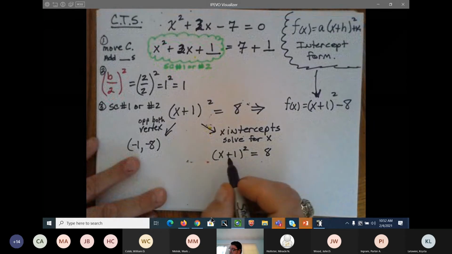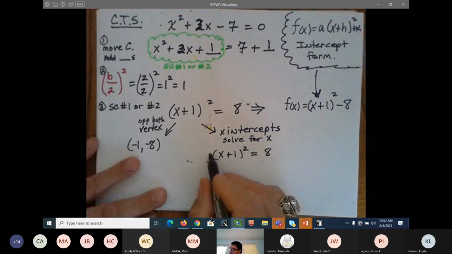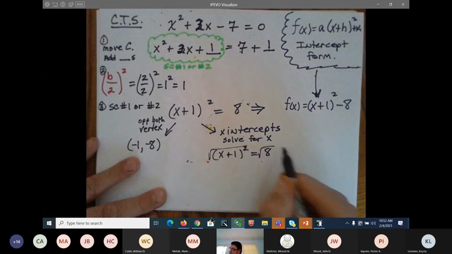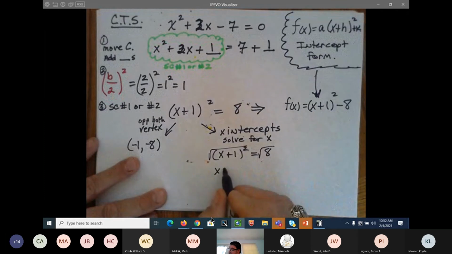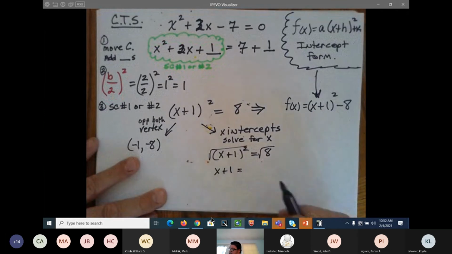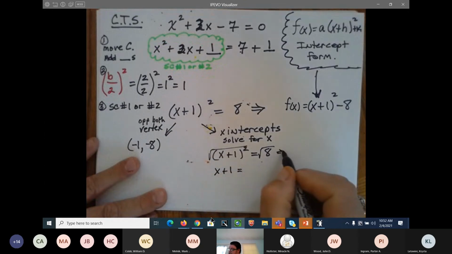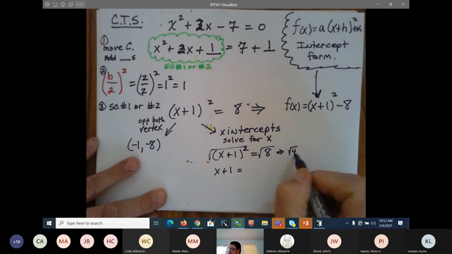All right, so x, take the square root of both sides. And that's going to give me x plus 1 is equal to, that breaks down into 2 square root of 2. I'll just do this right here. That equals square root of 4, square root of 2, and that's 2 times square root of 2, which is 2 times 1.4, which is 2.82.